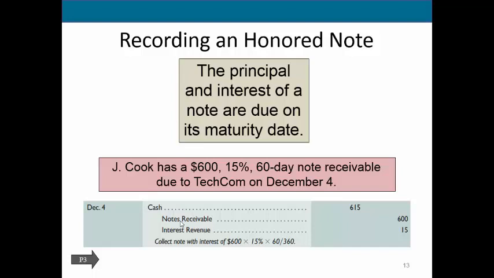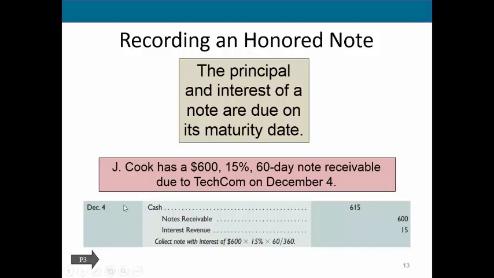How do we show that we are getting that note paid back to us and we're getting the interest? So we had originally recorded the note 2 months before. And when we recorded that note, we showed a note receivable and then sales, or if we had simply lent out money, we would show the cash going out when we originally recorded the note. Now we're showing that we're getting that note paid back to us.